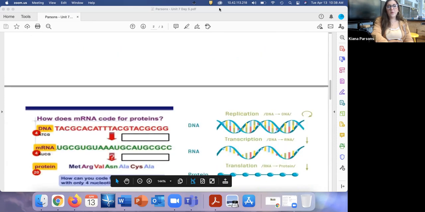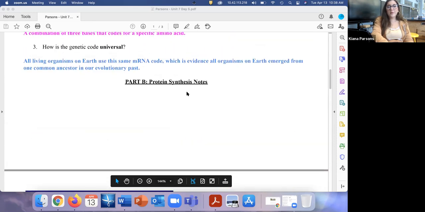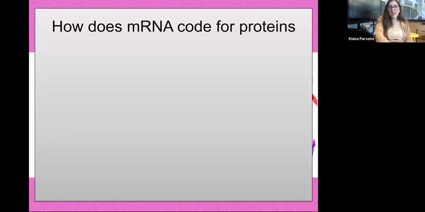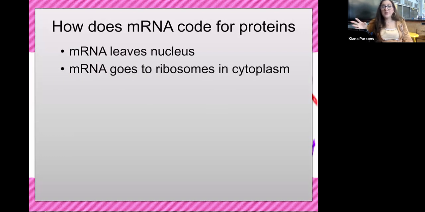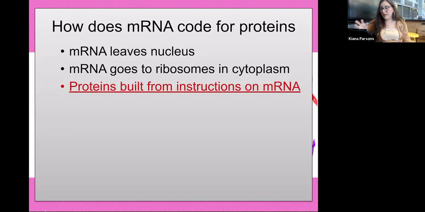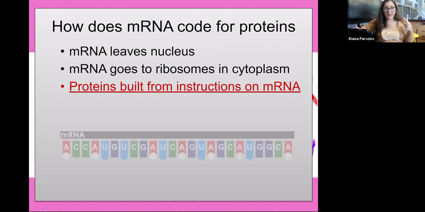So now let's go over protein synthesis notes. So how does mRNA code for proteins? mRNA leaves the nucleus and goes to the ribosomes, which are located freely floating in the cytoplasm or on the surface of the rough endoplasmic reticulum. These proteins are built from instructions on the mRNA.